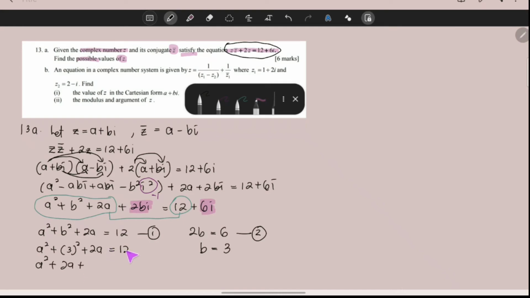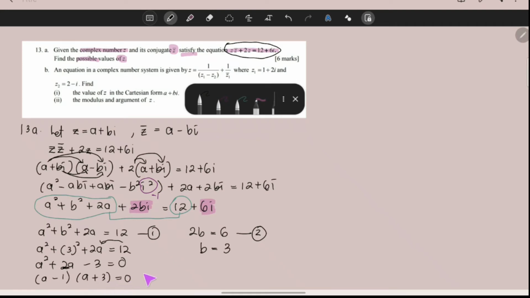So 12, you move to the left side. 9 minus 12 gives negative 3. So here is the quadratic equation because you have the square here. You key in the calculator 1, 2, negative 3. So finally, you are going to have a minus 1, a plus 3.